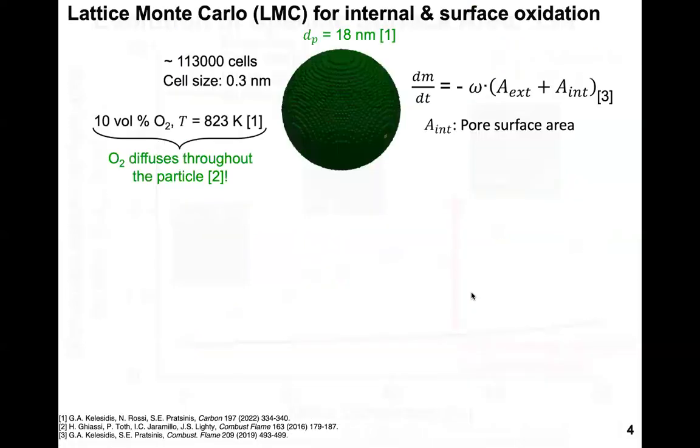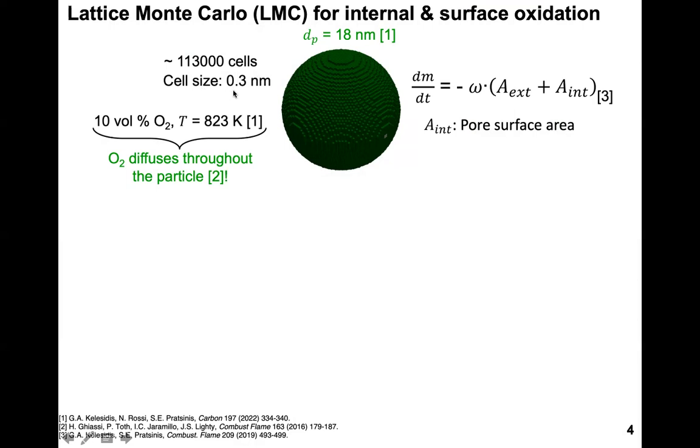To this end, we developed here a lattice Monte Carlo model for both internal and surface oxidation of carbonaceous nanoparticles. So we discretized a carbonaceous nanoparticle having a diameter of 18 nanometers into a cubic lattice that contains about 113,000 cells.